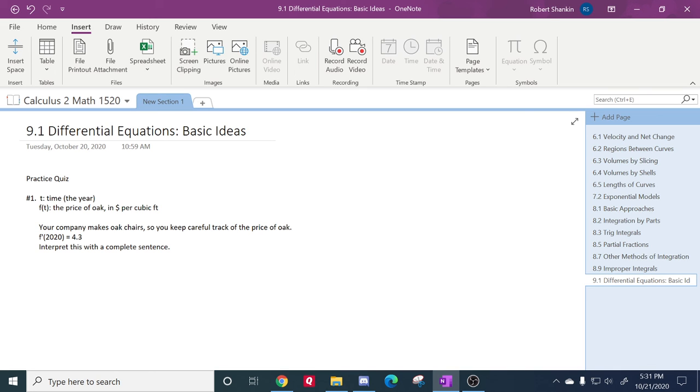Interpret this with a complete sentence. Make the sentence as specific as possible and as easy to understand as possible. For the most part, try to have it so that a third grader could understand what you're writing. Any of the technical words, explain instead of using those words.